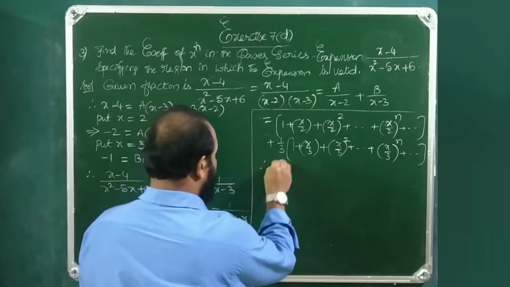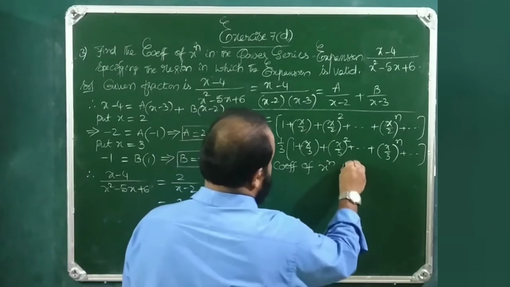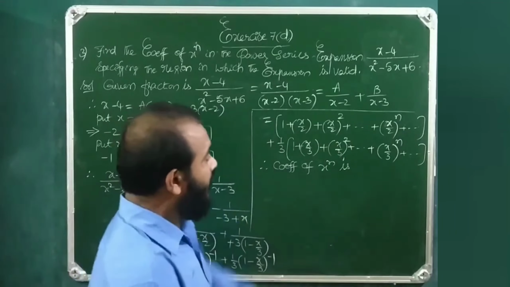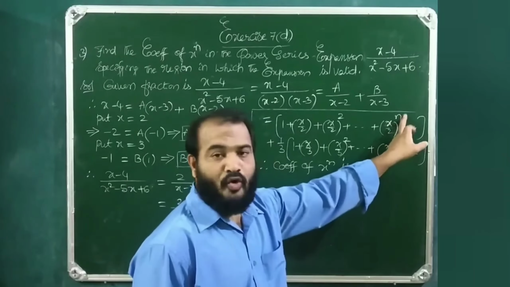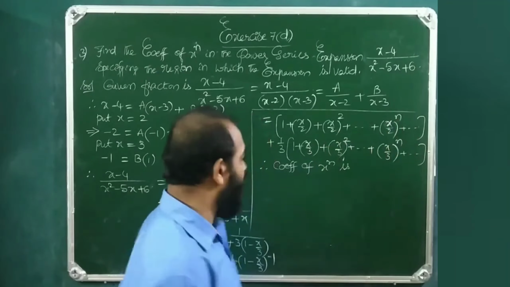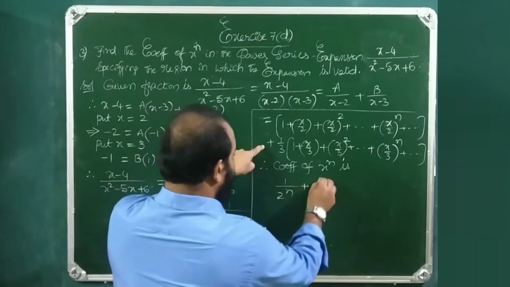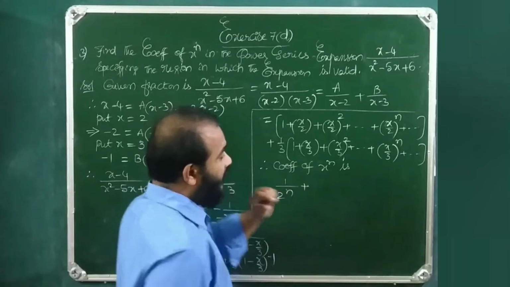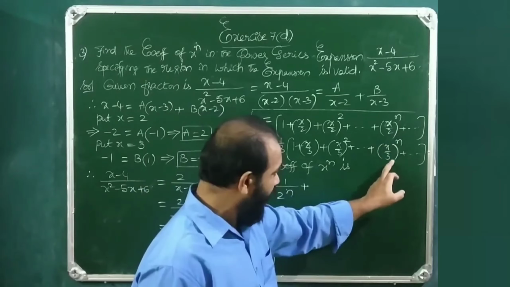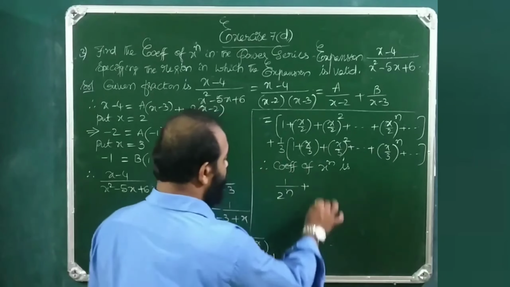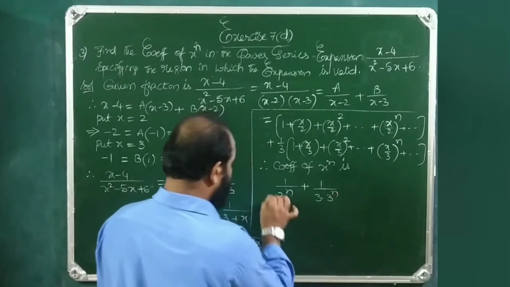Now the coefficient of x power n is, here this is x power n by 2 power n. The x power n coefficient is 1 by 2 power n. Plus, here this is x power n by 3 power n. The x power n coefficient is 1 by 3 power n into 1 by 3. So 1 by 3 into 3 power n.